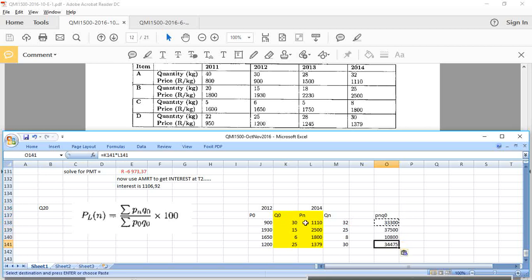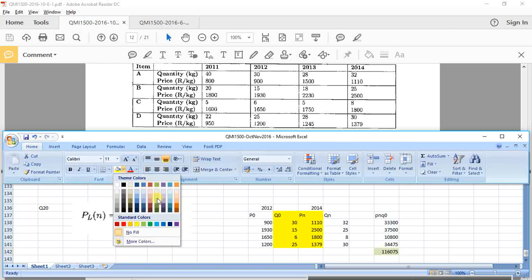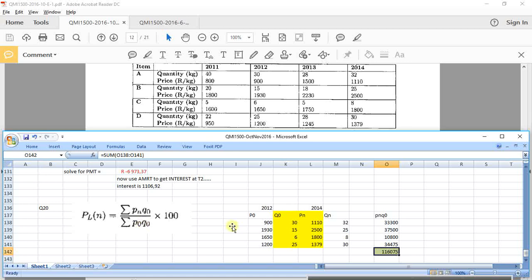Then do that for all of them, and then sum up. That's my numerator. Now I need P0 times Q0. I need those two.